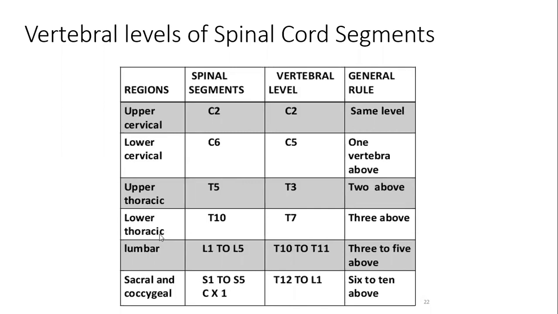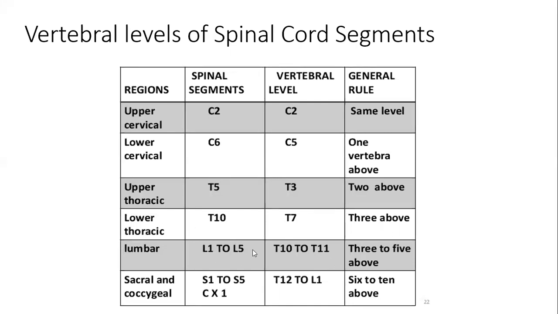In the lower thoracic regions, we have the 10th thoracic spinal segment lying 3 vertebrae above, that is the 7th thoracic vertebra. Look at the lumbar region. We have all the lumbar segments L1 to L5 lying at the level of the 10th to 11th thoracic vertebra.